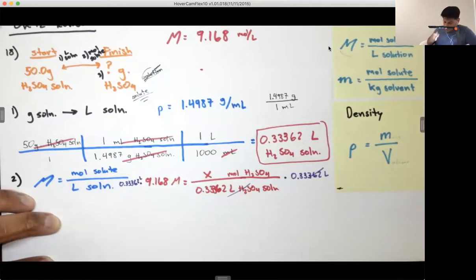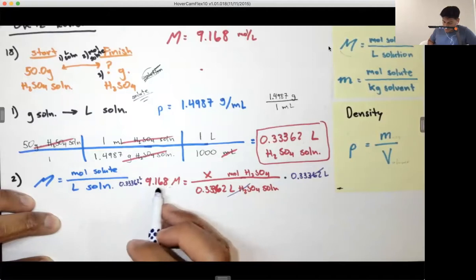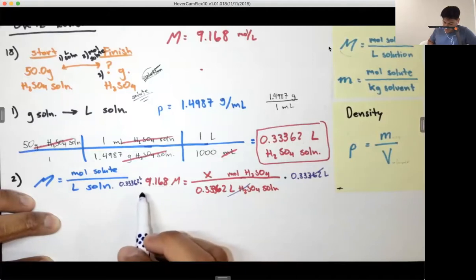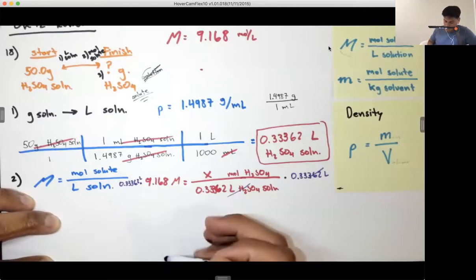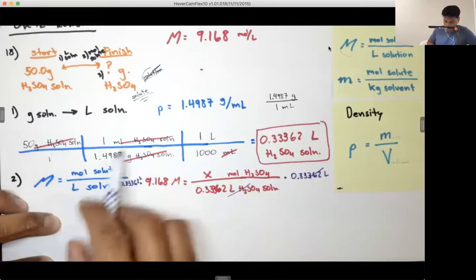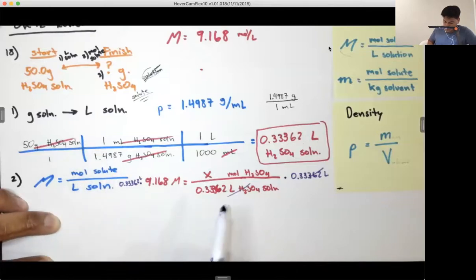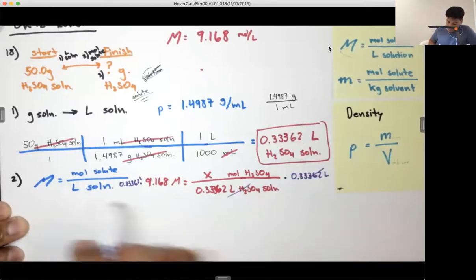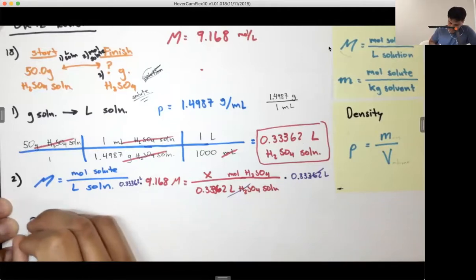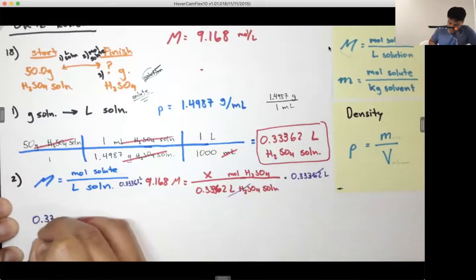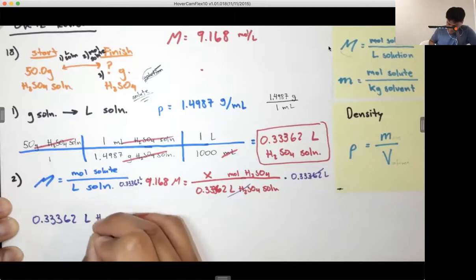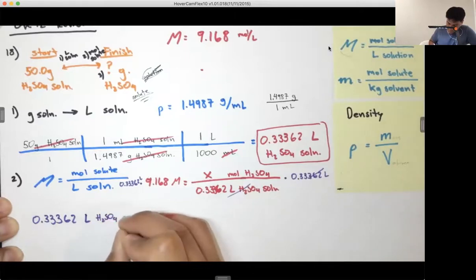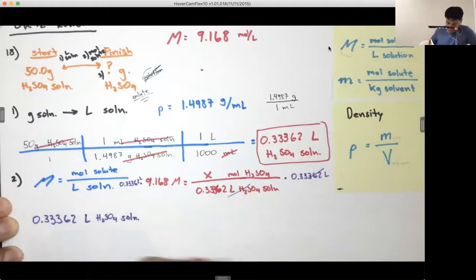And when we multiply that, what do we get when we multiply this? Let's see, it was probably better to do it in one of these. Whatever, it's okay. So when we multiply that, we'll get 0.33362 liters of H2SO4 solution. I'm going to write out the whole entire thing, okay?